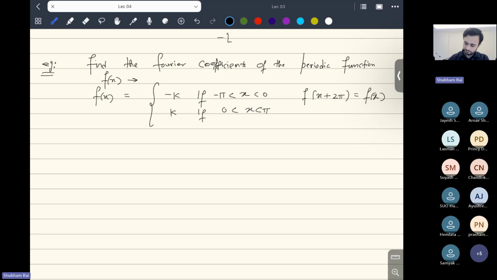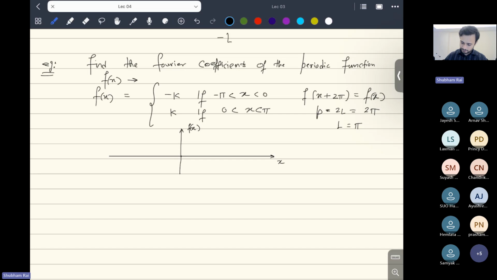So we have p equal to 2L equal to 2 pi, right? It means L will be pi in our Fourier series, because the period was 2L. Now let me plot the graph of this function. Let's say here we have f of x and here we have x.